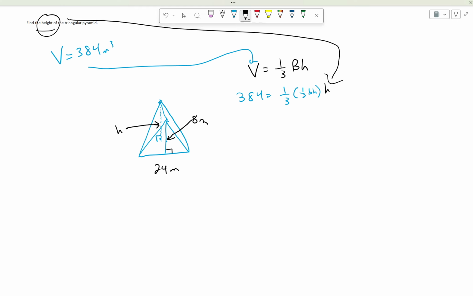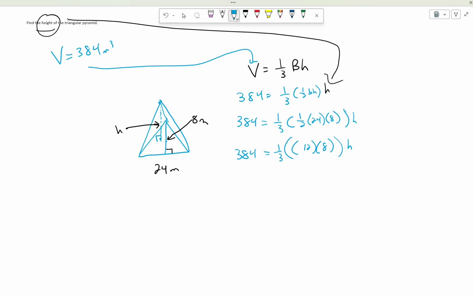So 384 is equal to 1/3 times 1/2 times b times 24, which is my base, times my height of that lower triangle, 8, times that h. And now I got to do some algebra, right? Or do some arithmetic, that is. So let's get rid of this 1/3 in a moment. 1/2 of 24 is 12 times 8 times this h.